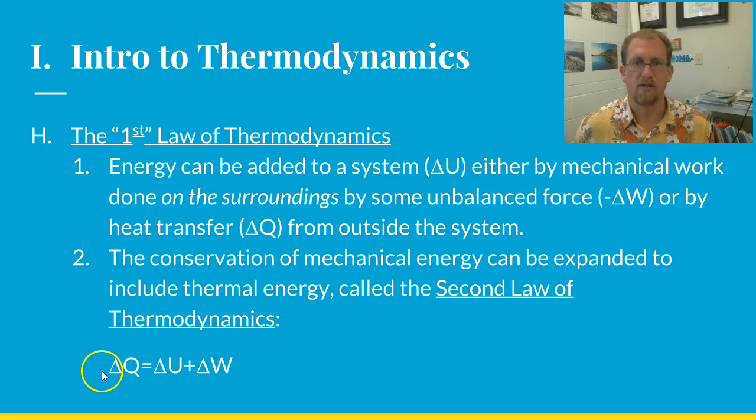I was about to point on my screen, that wouldn't have helped you. Delta Q, the change in thermal energy, is equal to a change in total internal energy plus a change in work.